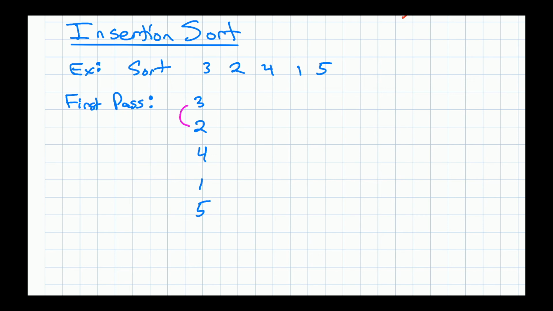And just like before, if they're out of order, then you switch them. So we're going to switch them. After you switch them, you've got a list that looks like this: 2, 3, 4, 1, 5.